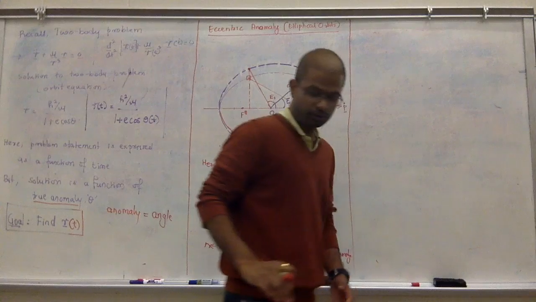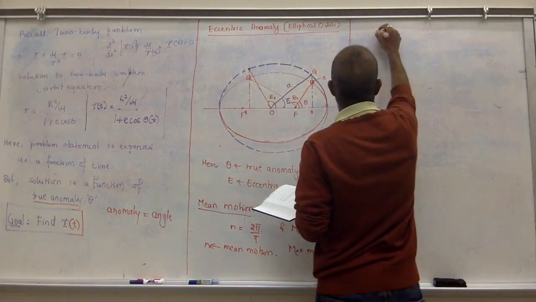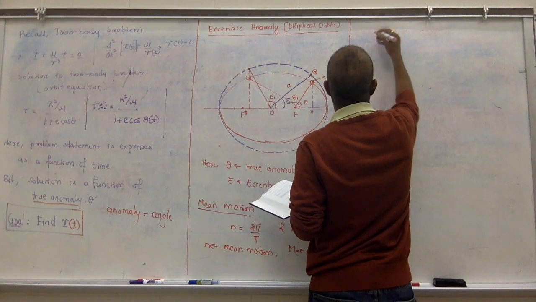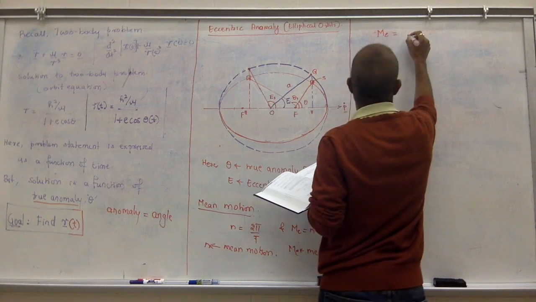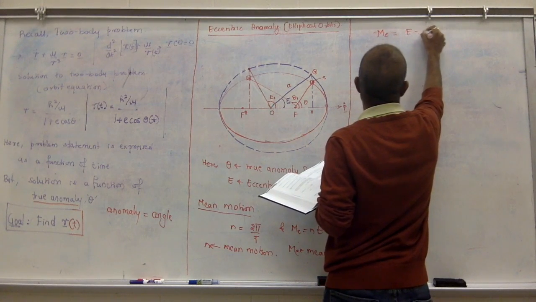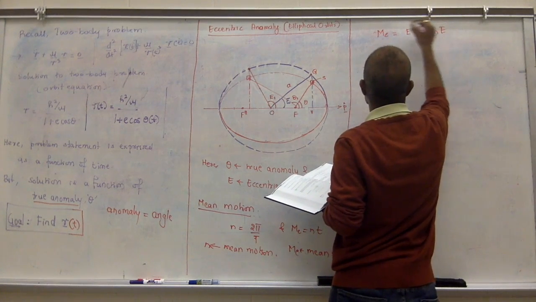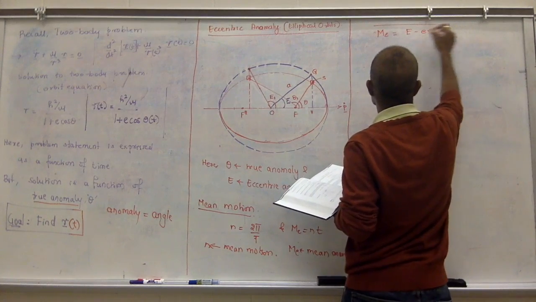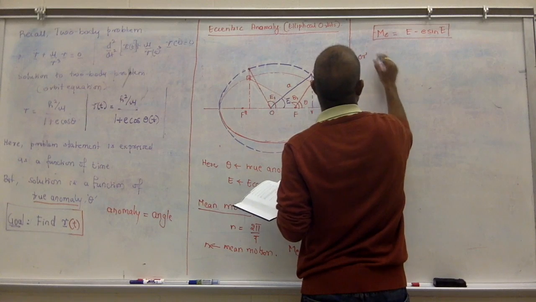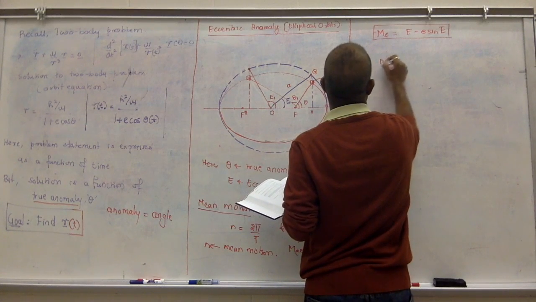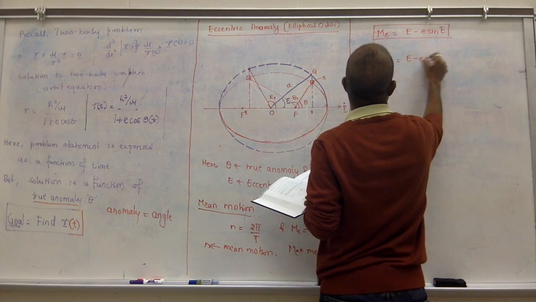The expression you need to know, you may have to memorize this: the relationship between mean anomaly and eccentric anomaly is M = E minus e sine E, or nt is equal to E minus e sine E.